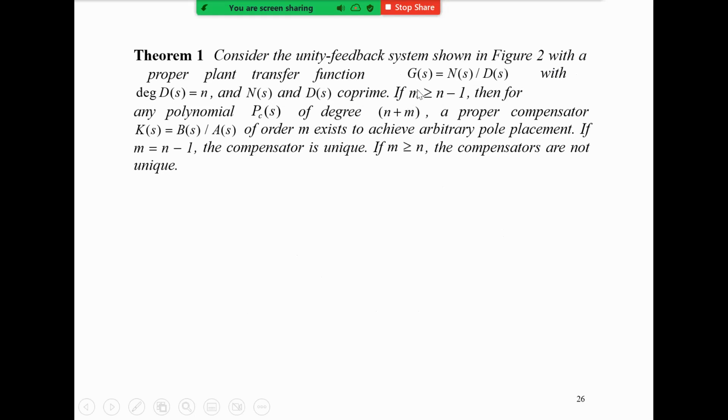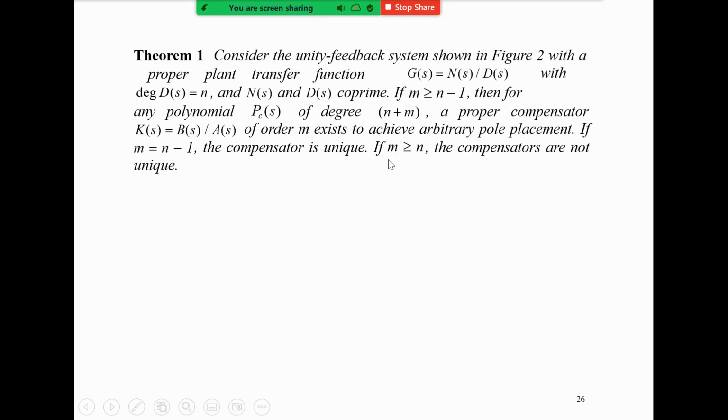Now, if the degree of the controller is bigger than or equal to n minus 1, then for any polynomial of degree n plus m, we can always find a proper compensator, K equals B over A of order m, such that we can place the poles at the desired locations specified by the desired polynomial.